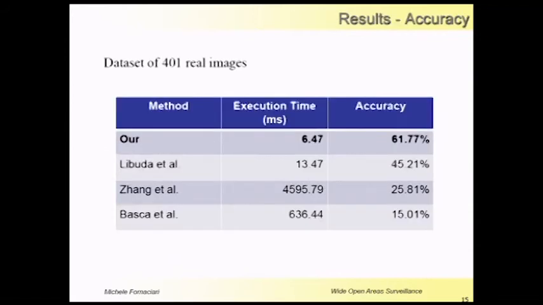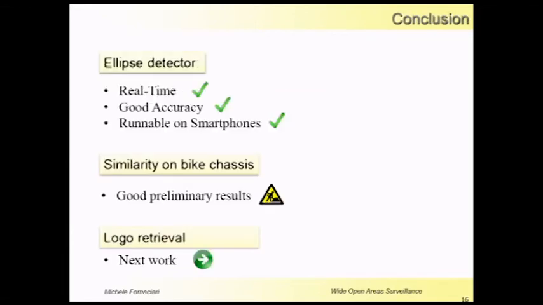Moreover, our approach is able to run in about 60 milliseconds on a PC for an image, and about 40 milliseconds on a smartphone. Still, it achieves a better accuracy than the other ones. So we can say that we reached the goal to build an ellipse detector that works in real time, has good accuracy, and is runnable on a smartphone.